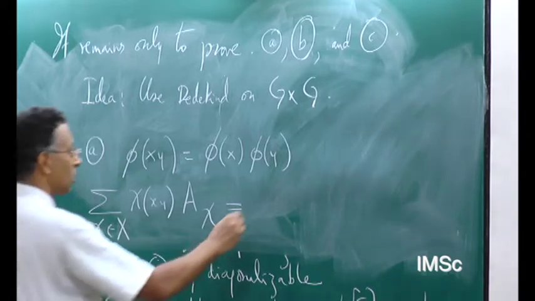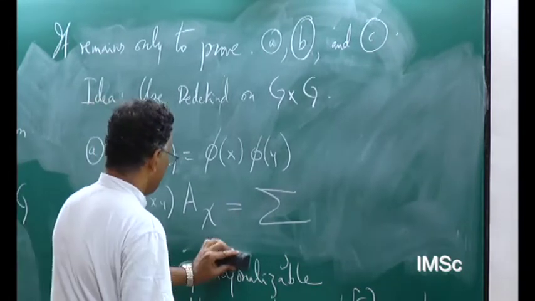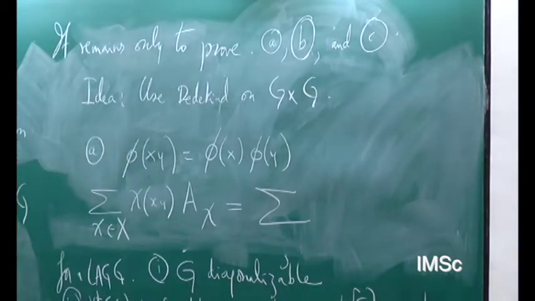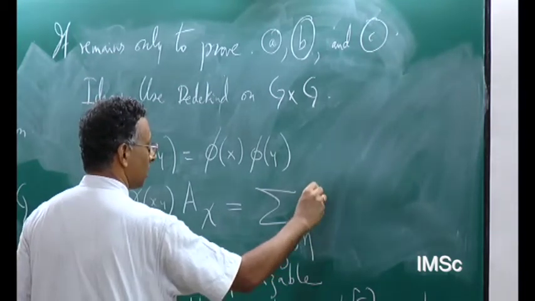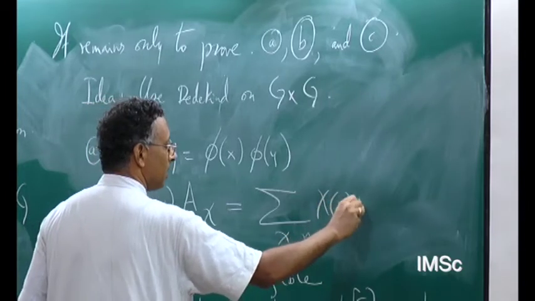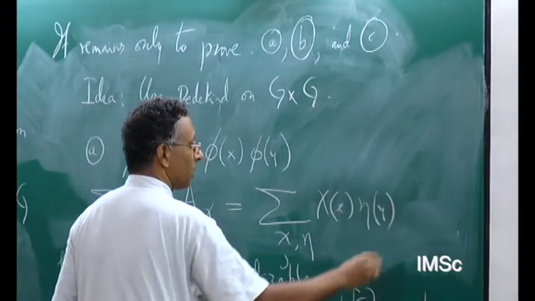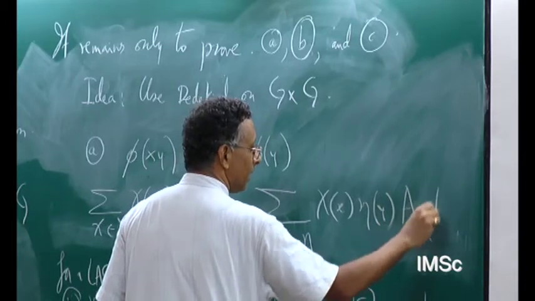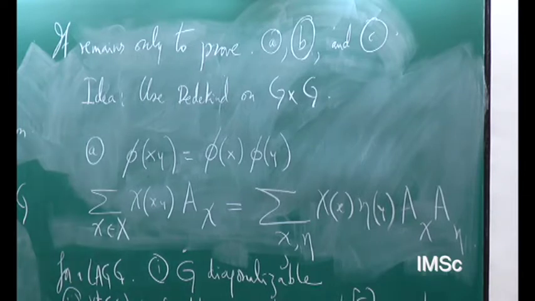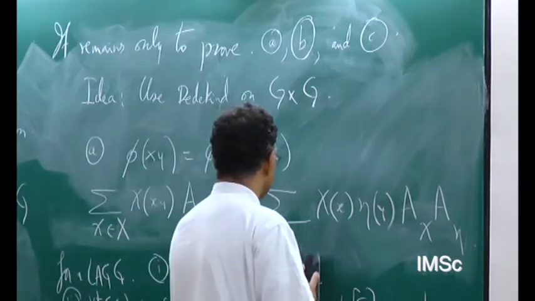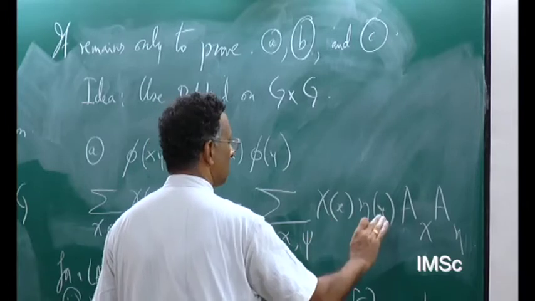What I have is, but of course there are two summations, so I will use two symbols. So the sum over chi, eta of chi of x, eta of y, A chi A eta.